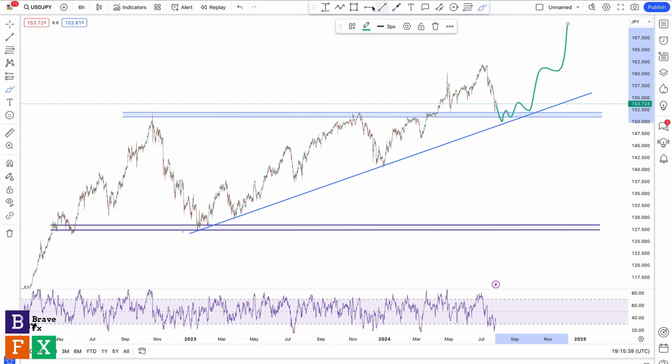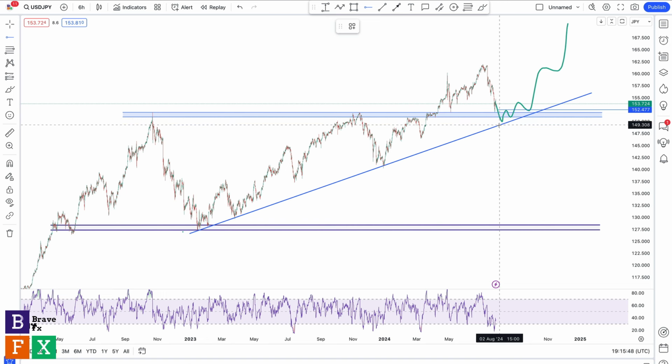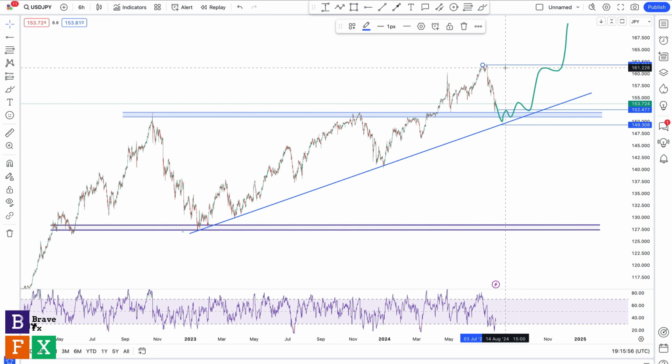When this happens, you want to go long at the breakout from the consolidation, which will probably be over here. Stop loss is going to be underneath the consolidation, at least at the breakout. You can also put it way underneath the trend line, which will be a safe zone. Your first target obviously will be these highs. Then you can ride the rest of the positions as we go higher. So this is what I'll be watching out for on USD-JPY if I was going to trade this.